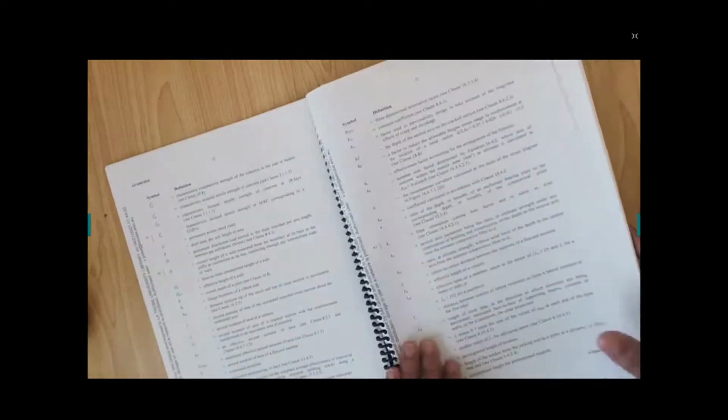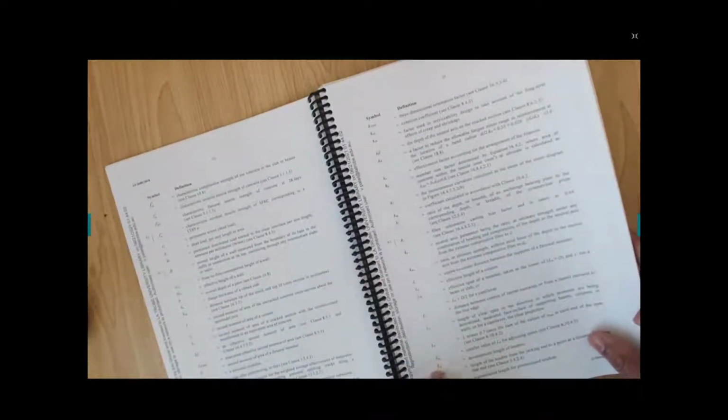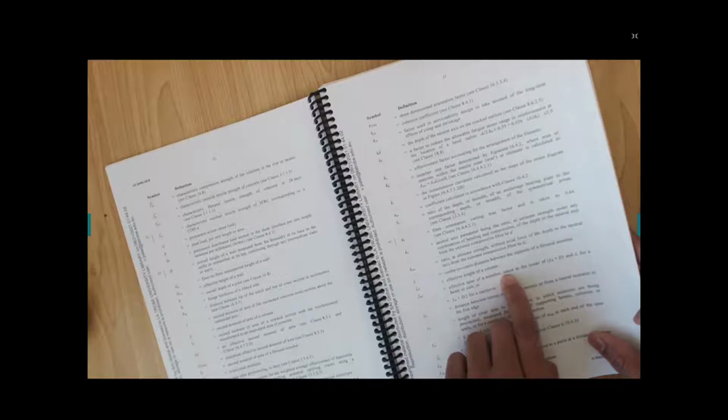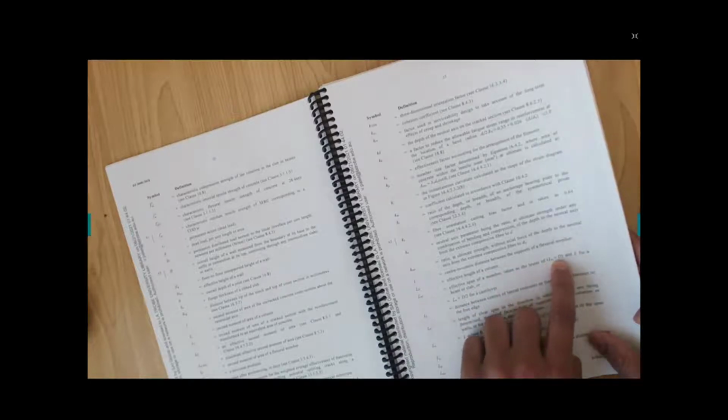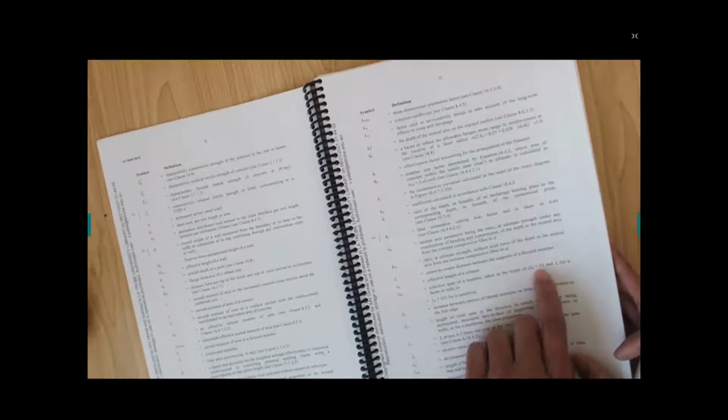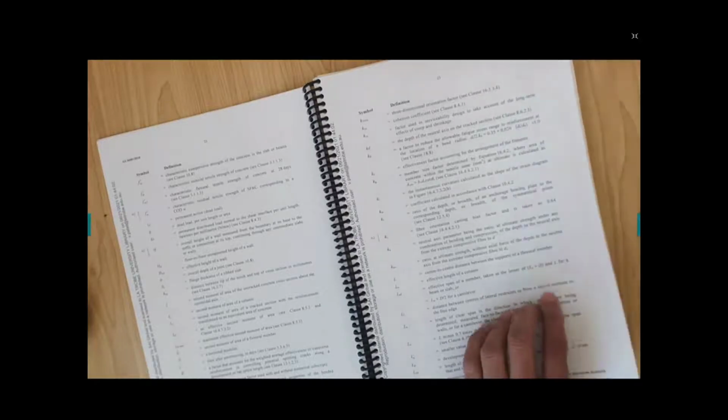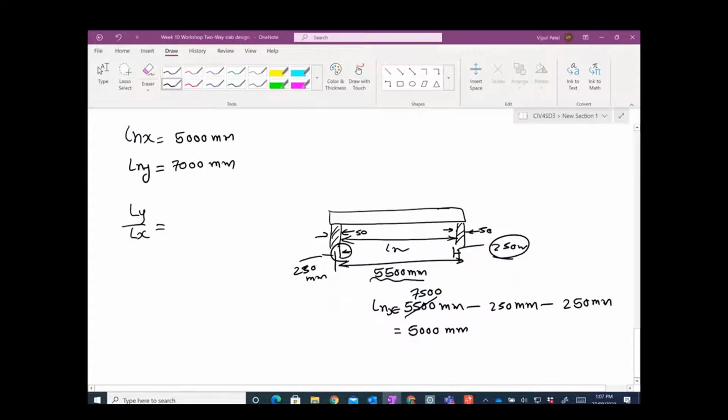L effective is the effective span of the member, taken as the smaller of ln plus d and ln. We don't know d at the moment, so we can't calculate the effective span. As I mentioned, this is too conservative, but since we don't know d, we just take L effective equal to ln. Just as a conservative start, 7000 over 5000 gives about 1.4.